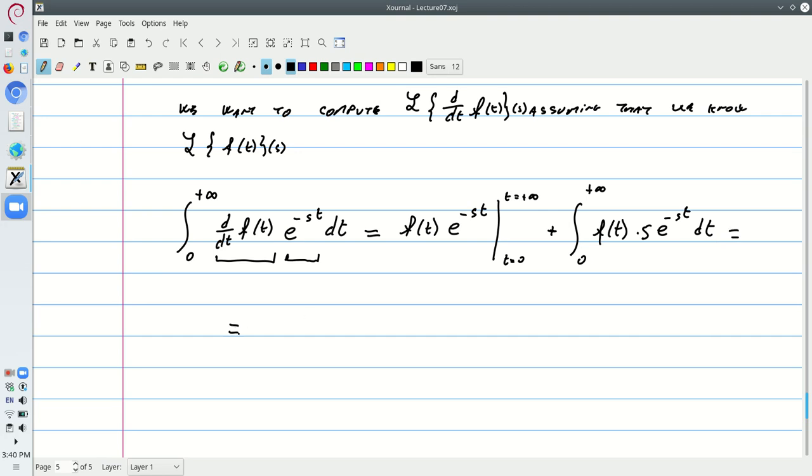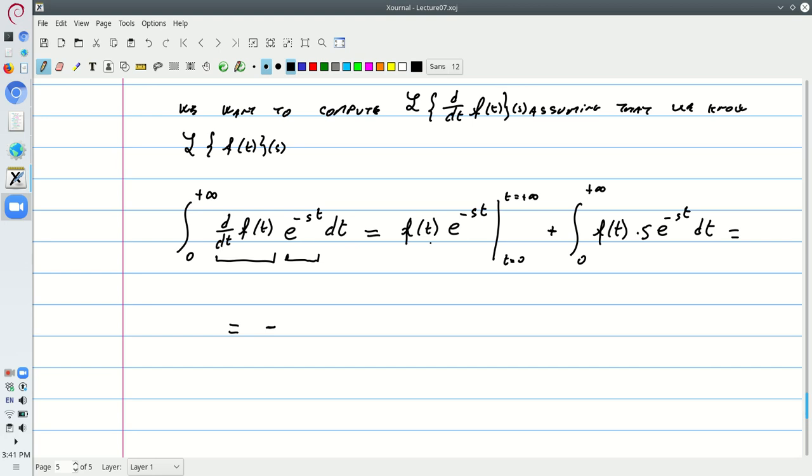So let's proceed and compute this quantity here. Now we have to make t go to infinity. If the real part of s is sufficiently large, so if we are in the domain of convergence, this quantity goes to 0, because the exponential, if s is big enough, under some mild assumptions on f of t, goes to 0 when t goes to infinity. So we are left with minus this quantity f of t exponential of minus st computed in 0.